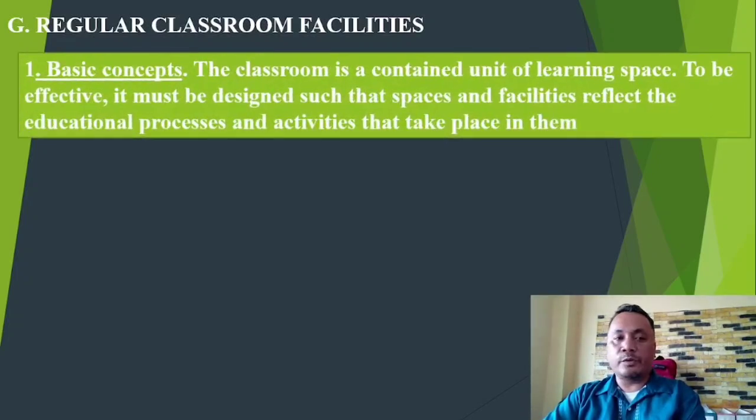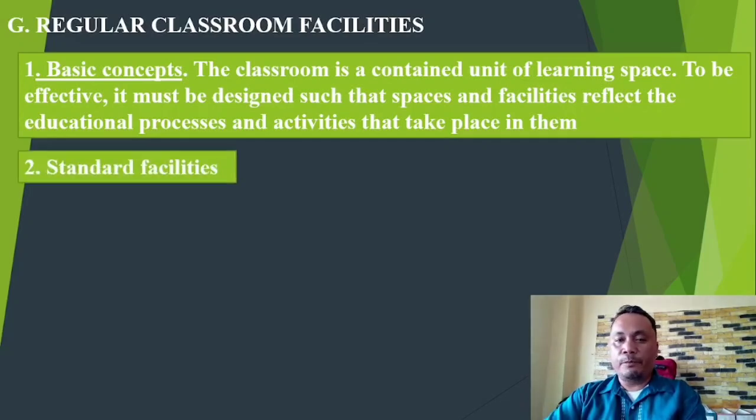Basic concepts. The classroom is a contained unit of learning space. To be effective, it must be designed such that space and facilities reflect the educational process and activities that may take place in them.